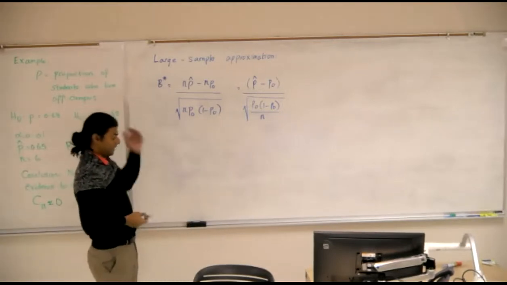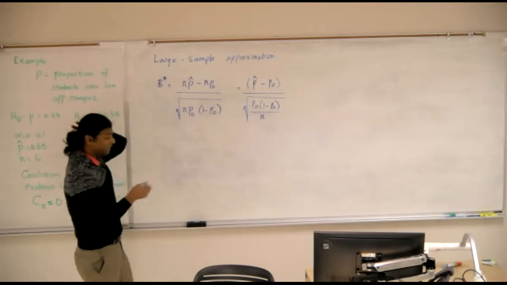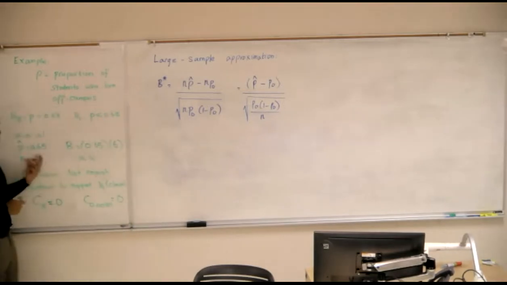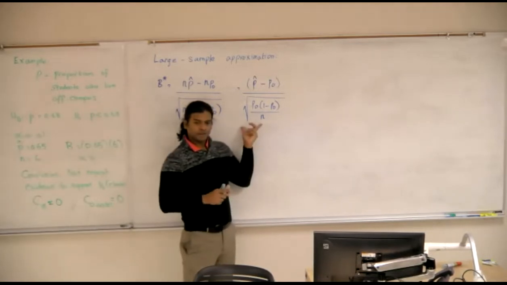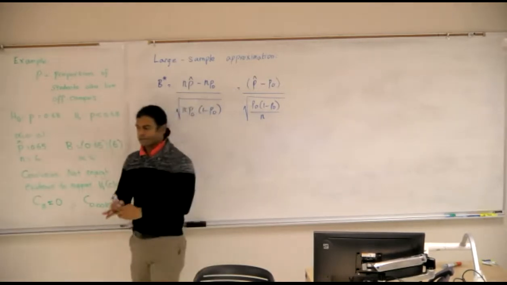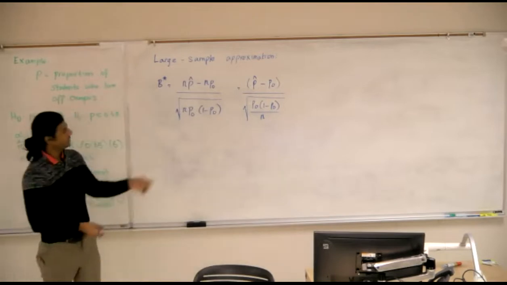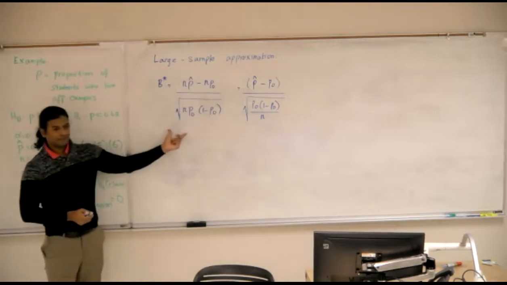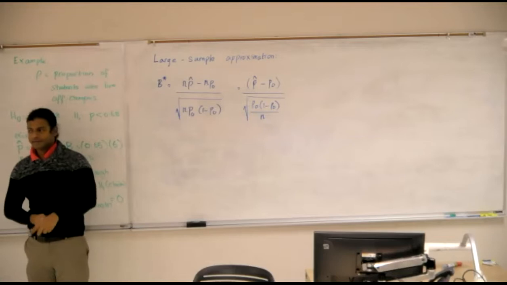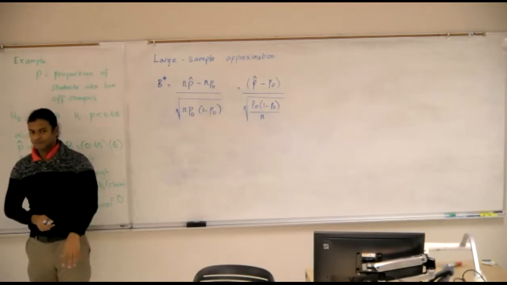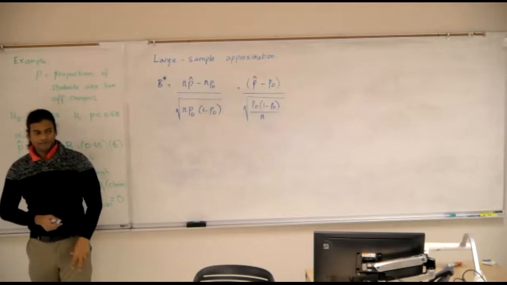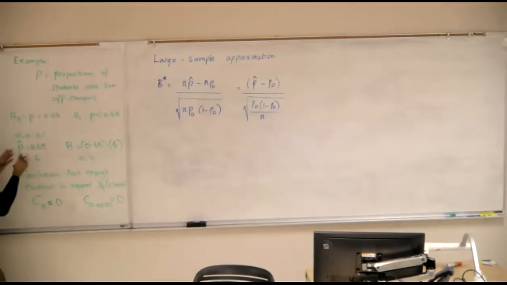How would I go about this? If the problem gives you the proportion, we'll just stick to the proportion, right? If the problem gives you the number of successes, we'll stick to this. And someone tell me why. Do you follow my question? In this case, the problem gave you 65% of whatever set.